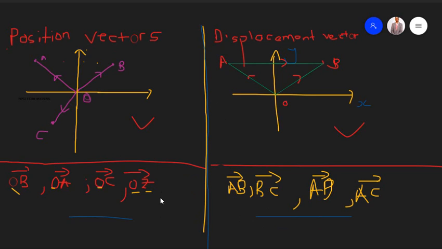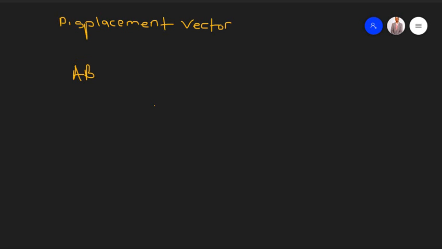That's the difference. Now let's look at how you can calculate displacement vector. I'll show you the trick that you can do to calculate displacement vectors. Let's say you are asked to find AB. You put a blue arrow on top and then two opposite arrows. Those are two red arrows going in the opposite direction. Now you can put an O between AB.